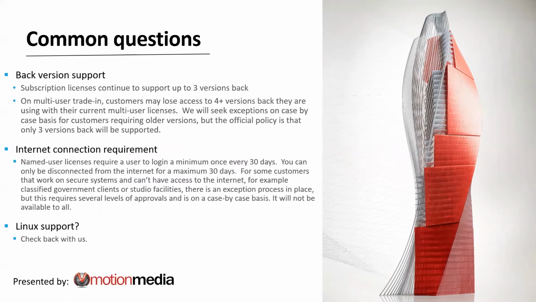I have yet to see Autodesk say no, but I'm getting the idea that as we go further down, they're going to tighten the clamps on that a little bit, and maybe not give that out as easily, although I could be wrong. But technically, you lose your 4+ versions back that you may have had on your multi-user. But again, case by case, hopefully there'll be some wiggle room there.